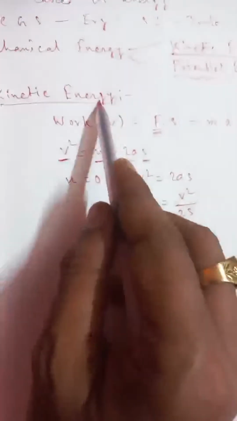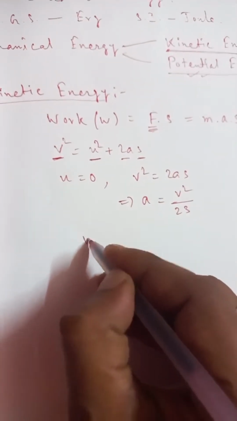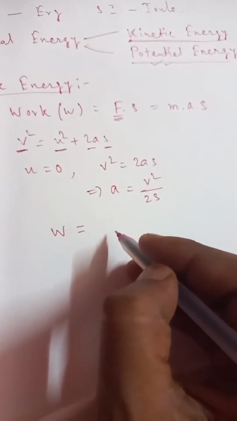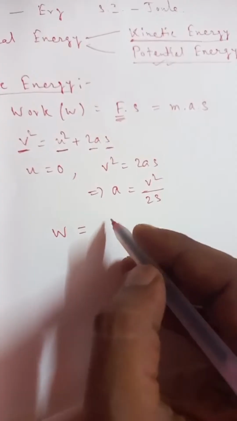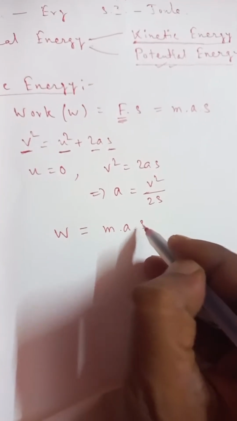So from this we get the work done to generate the kinetic energy. W is equal to m a s.